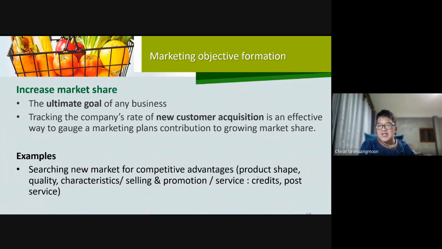And the last one, credits. Sometimes you give some credits to the consumers, then they start to like you, and the market share increases. And even the post service. Many times when you buy something online, if you have a good post service, it makes you feel proud and happy, and then you try to use their products more next time.